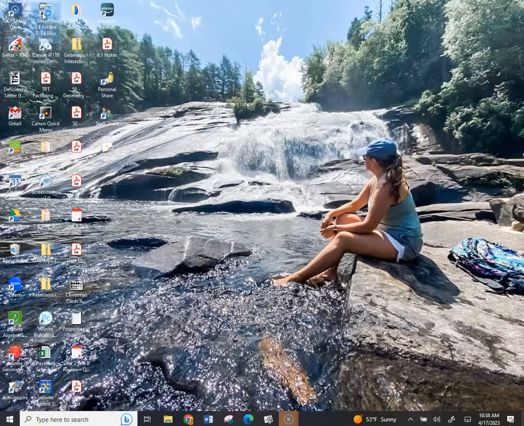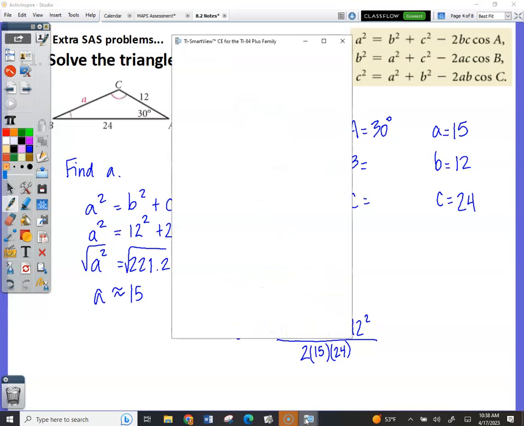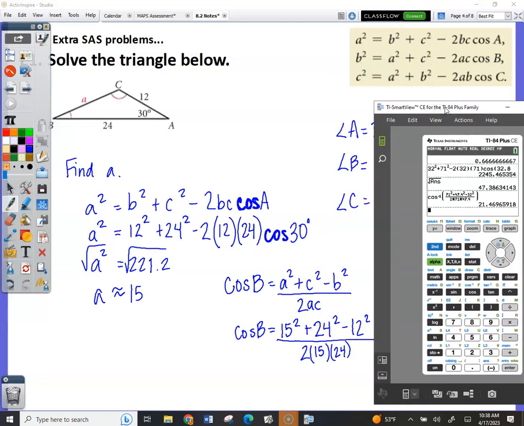You got to do the inverse. So second cosine, fraction mode, 15 squared... you get 24.1.